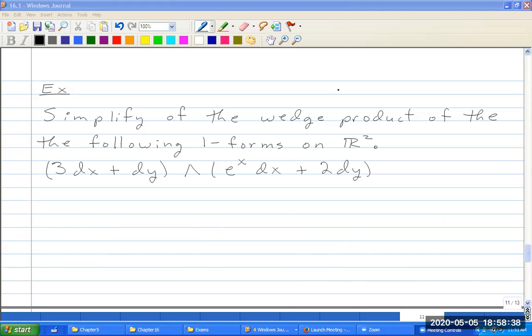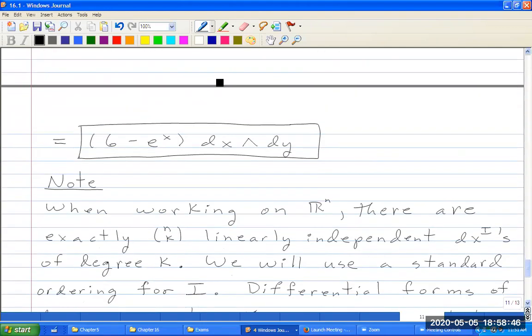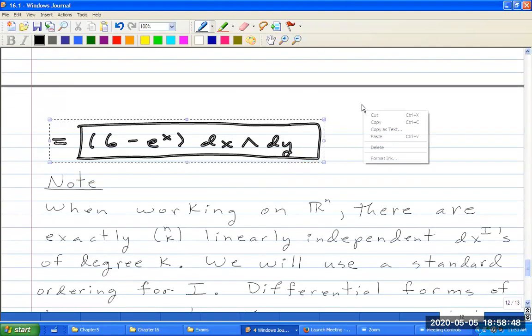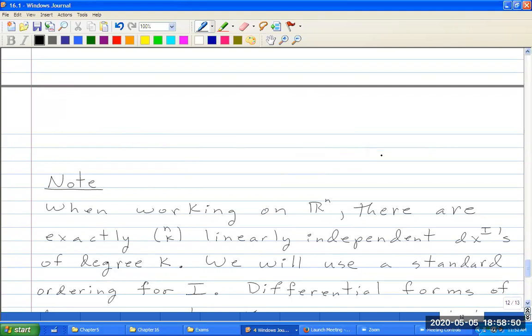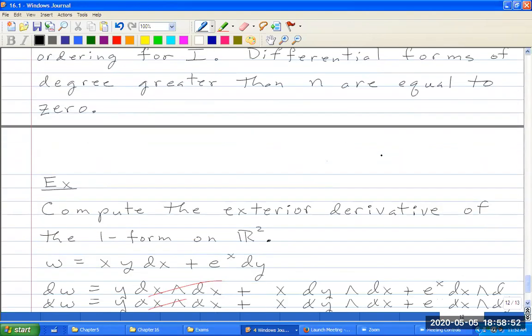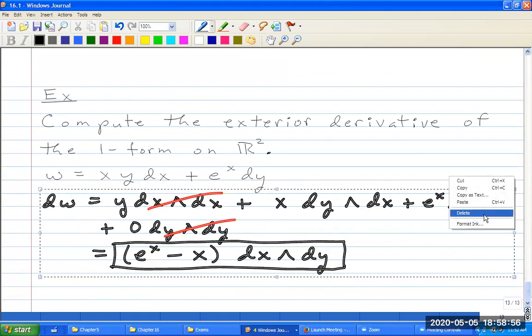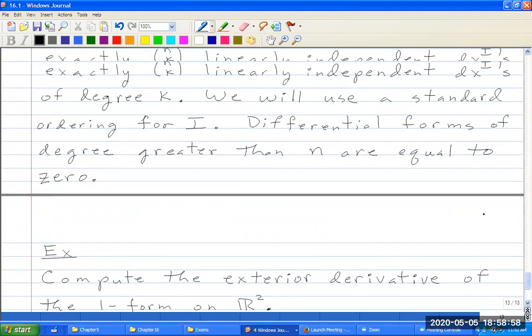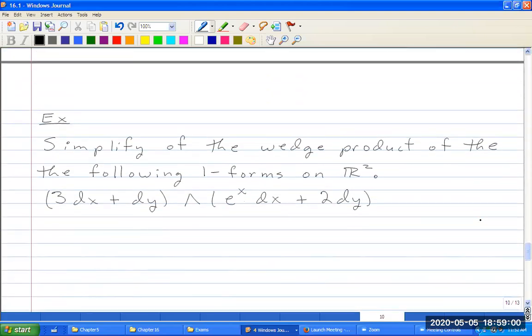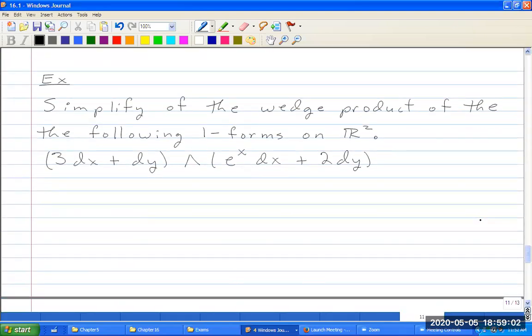Okay, so now let's do the next example. Simplify the wedge product of the following one forms on R2.